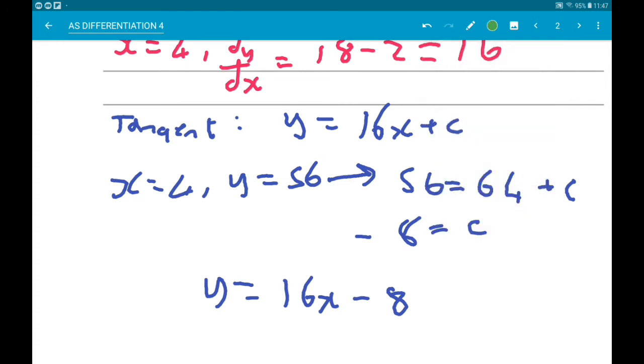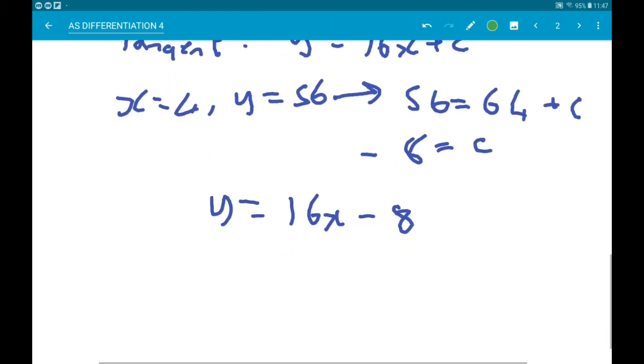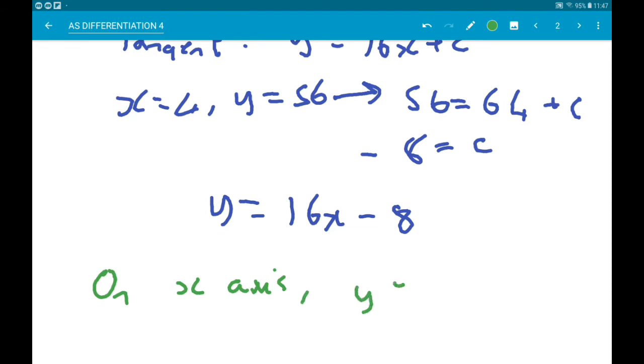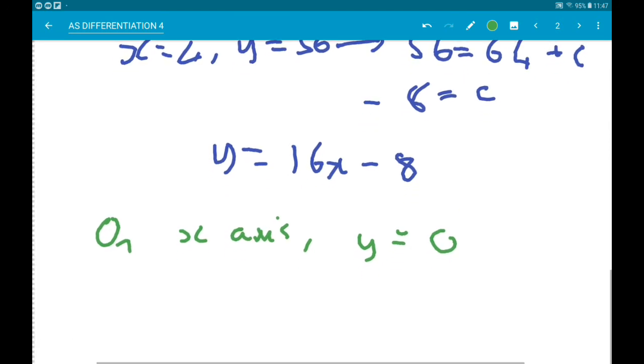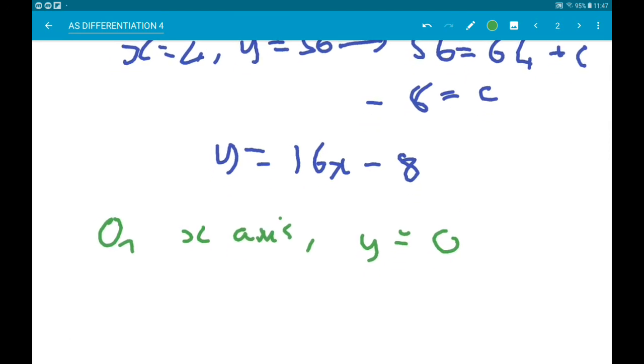Now we want the coordinates where the tangent crosses the x-axis. So on the x-axis, y is equal to 0. So we substitute that into the equation.